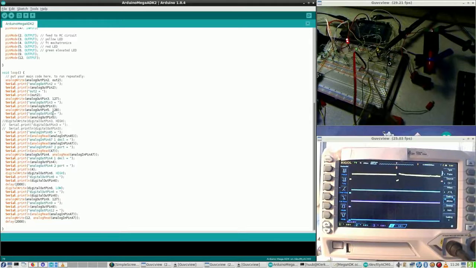Looking at pin 3, it currently is writing 127 pulse modulated. Yeah, right. How about making it full speed, 512?